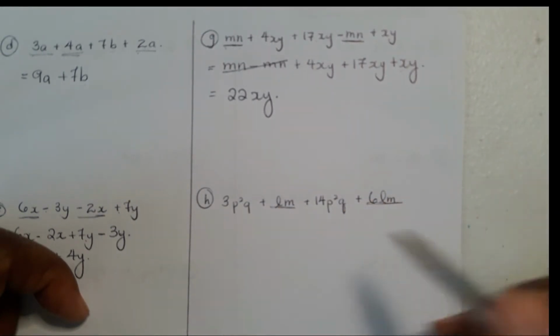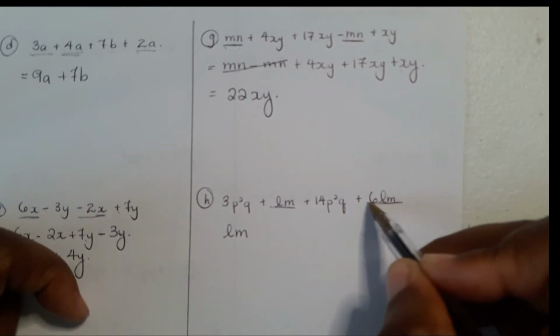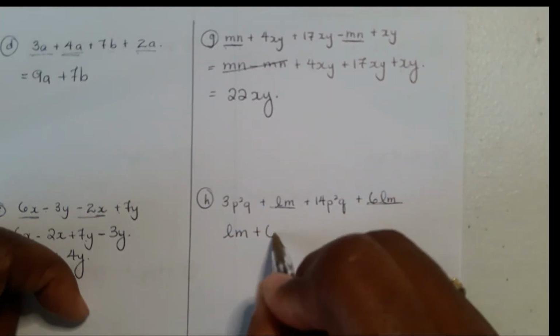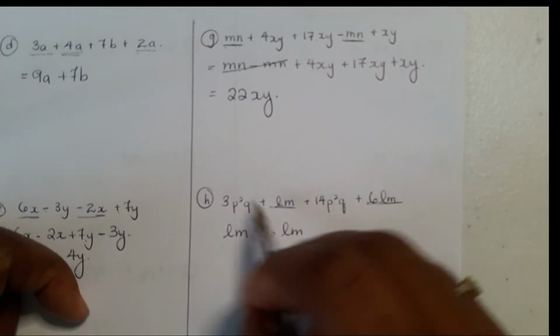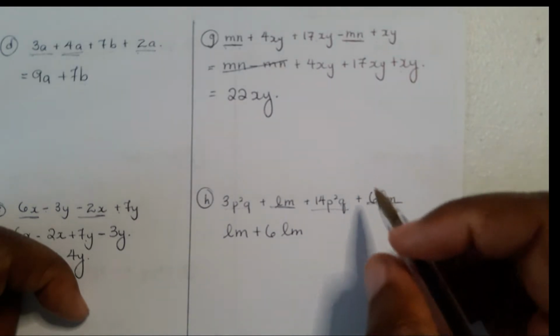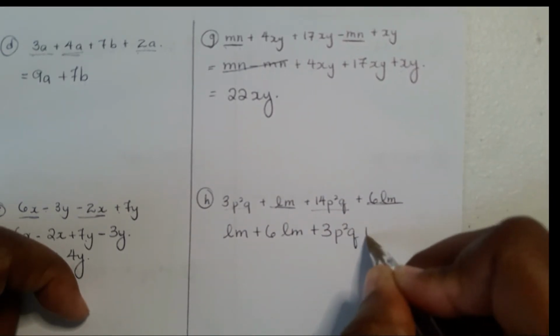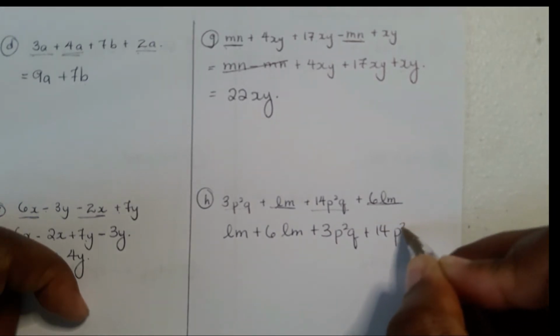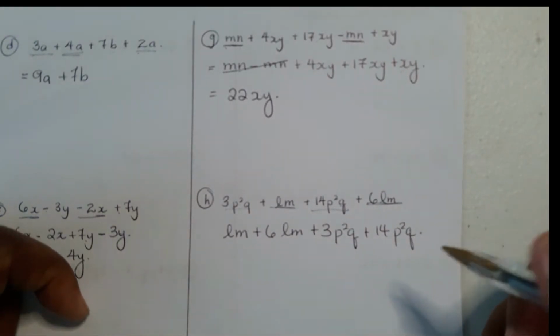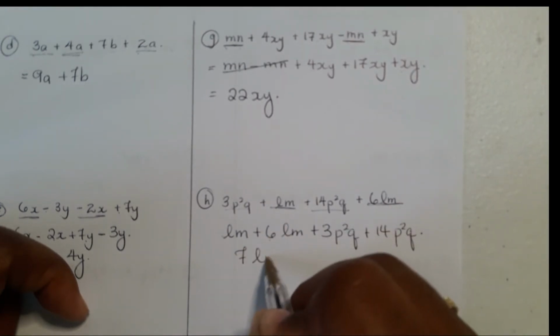Now here we have LM. So we're going to say LM is positive, and we know 6LM is positive too, 6LM. Then we're going to put these two together because they have p squared q both of them. So you're going to say plus 3p squared q plus 14p squared q. And we say 1 plus 6 will give us 7 lm.